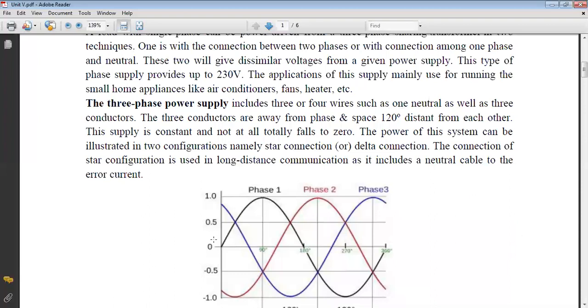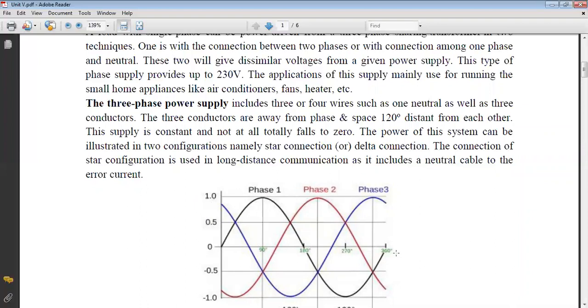Now, try to understand, a single phase supply varies from 0 to 360 degrees, that is 0 to 2 pi. Now, this 0 to 2 pi will be divided by three phases, that is the whole power drive for a full length cycle will be carried by the total three lines.